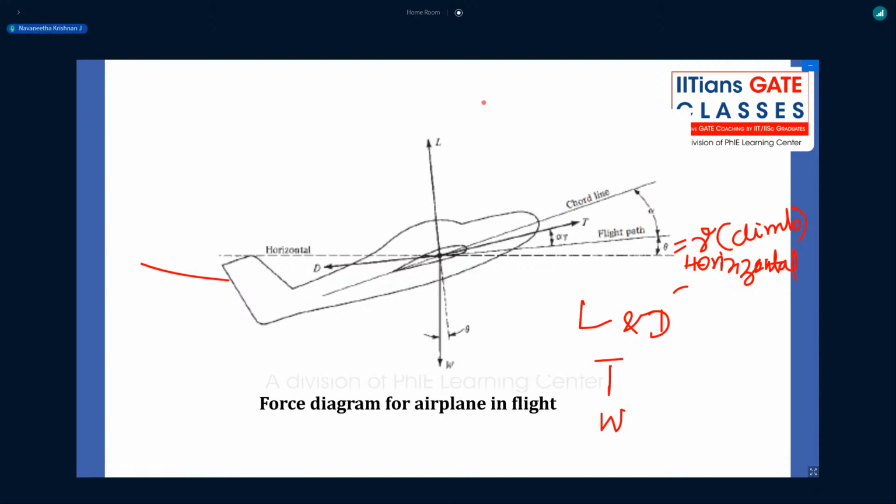What is the chord line? The line joining the leading edge and the trailing edge of an aerofoil is called the chord line. This is the chord. The angle between the flight path and the chord line is called the angle of attack, alpha.